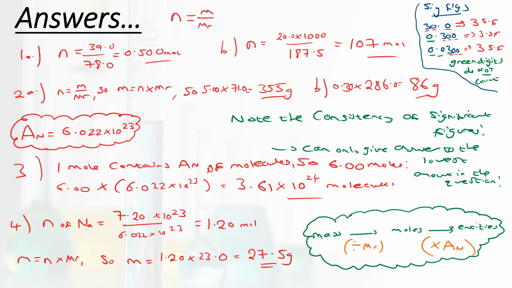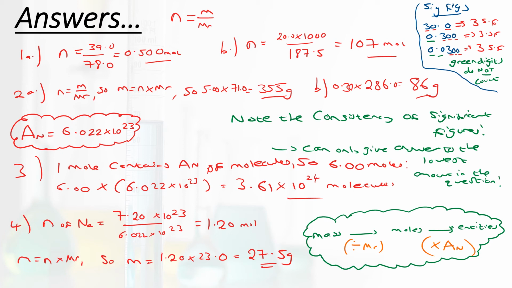So we have the mass of aluminium being 27, then 3 times the oxygen 16, and 3 times the hydrogen 1, comes out to be 78.0. Remember that we give our MR values to 1 decimal place. And so by doing 39 divided by 78, we end up with our number of moles being 0.5.